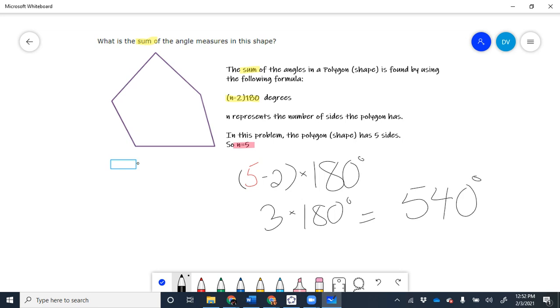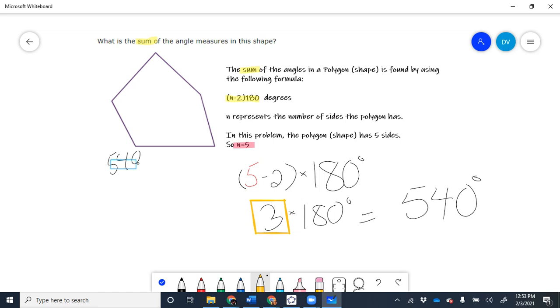So that's the answer, but I want to also explain why we can use this formula. And the key here is that when we did the 5 minus 2, we got 3 times 180. There's a special reason that we got 3, besides the fact that it was in the formula. And that's because we can look at this problem in a different way.